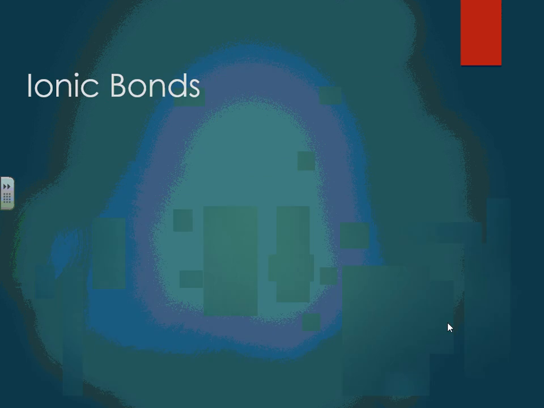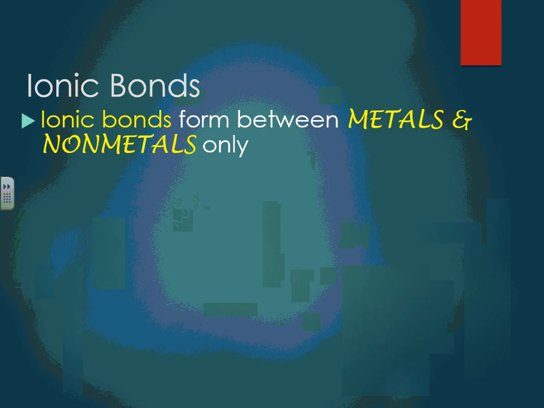So let's talk about what an ionic bond is. Well, ionic bonds occur between a metal and a non-metal. If you recall from that first slide where we looked at the red and the blue and the yellow, we're looking at the interaction of two different colors, your metals and your non-metals. So you want to be mindful of that because it's going to be different from how a covalent bond happens.